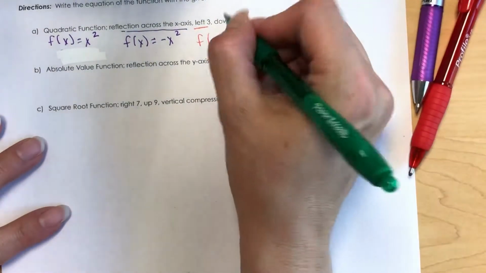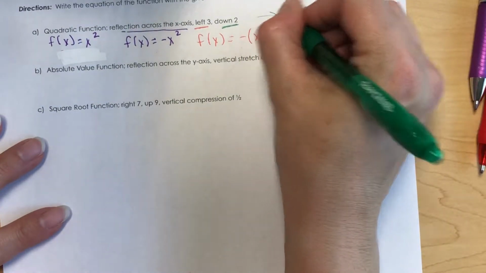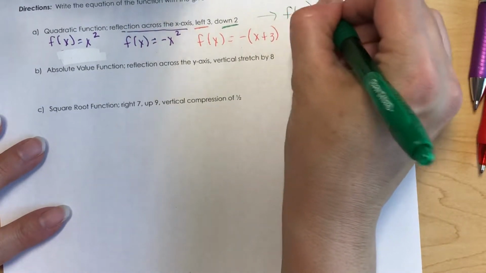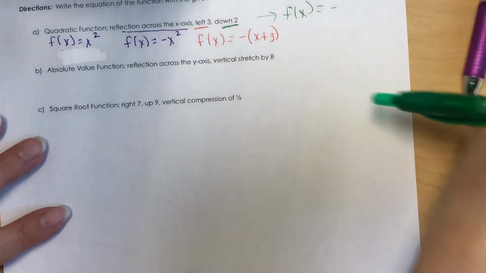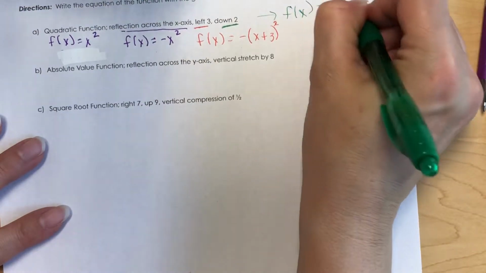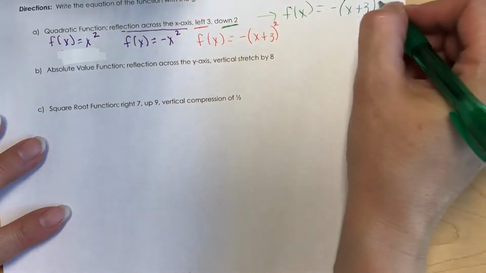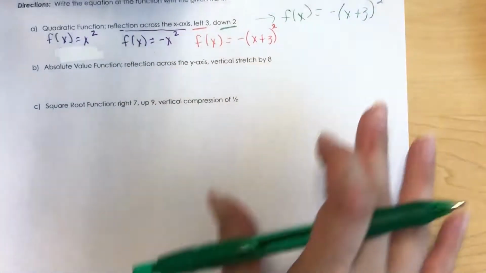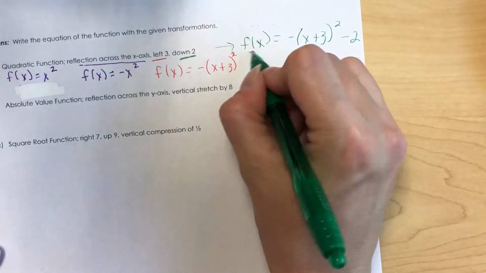And then down 2, I'm going to add 2 to the end of it. So it's going to become f of x equals negative, oh, I forgot my square. Negative, parentheses, x plus 3, squared, and then down 2 is going to be minus 2. So that's going to be the final answer.